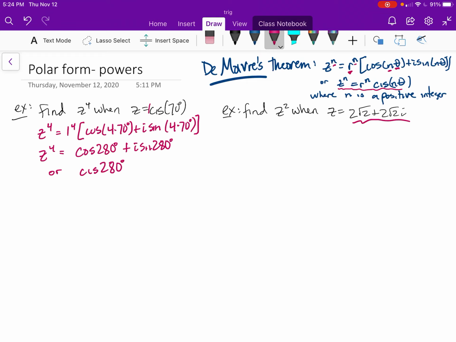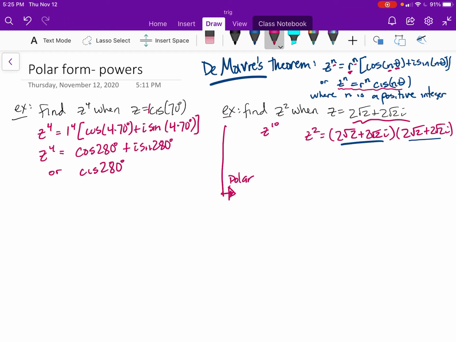But what if I had asked you to do the 10th power? Well, z squared is only 2 root 2 plus 2 root 2i, squared, so multiply by itself, or you could use the binomial formula. Applying FOIL here to a square really isn't bad. But for z to the 10th, I would need to write this factor 10 times out and multiply it. I could probably develop a couple shortcuts, but still it would take forever. So what we will do is convert it to polar and then apply the theorem.